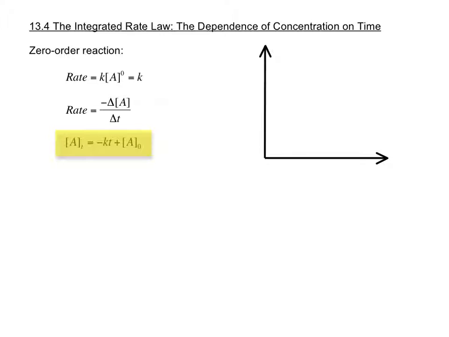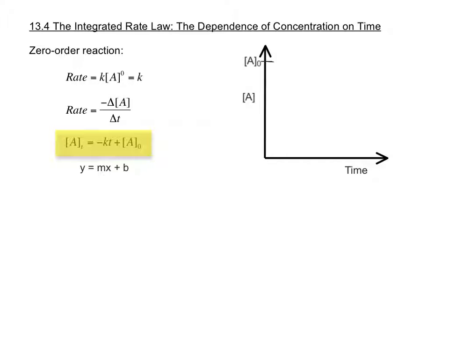Okay, and what that looks like if we plot it is we have the concentration of A on the y-axis and time on the x-axis, and this equation looks very much of the form y equals mx plus b. So if that's the case, then b is our y-intercept, so A naught, which is our initial concentration, is where our plot is going to start up here.